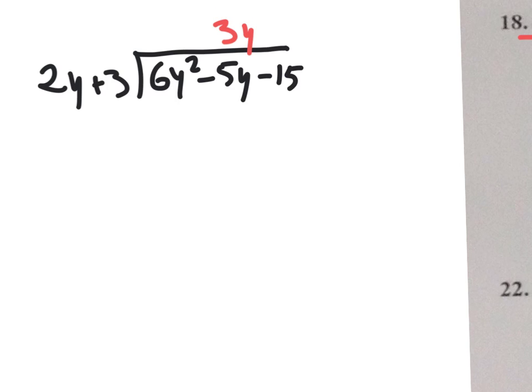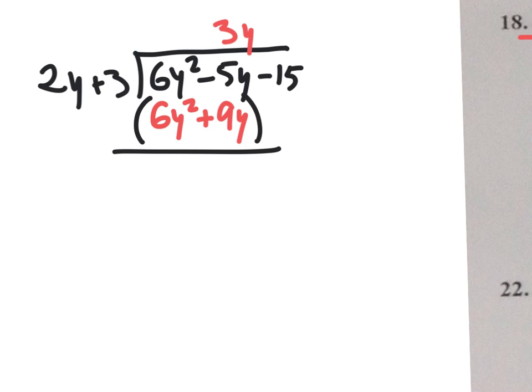It's kind of like doing distributive property. 3y times 3, that's a 9y. And that's positive 9y. And then 3y times 2y, that is 6y squared. You guys following me? Now this is subtraction, so I'm going to put in parentheses and put a minus sign on the outside.